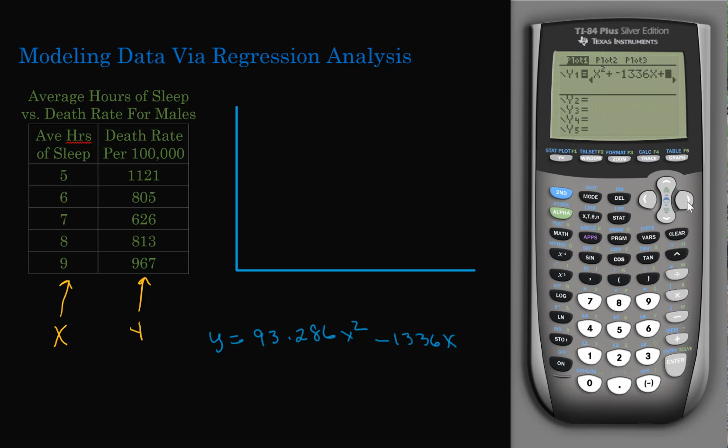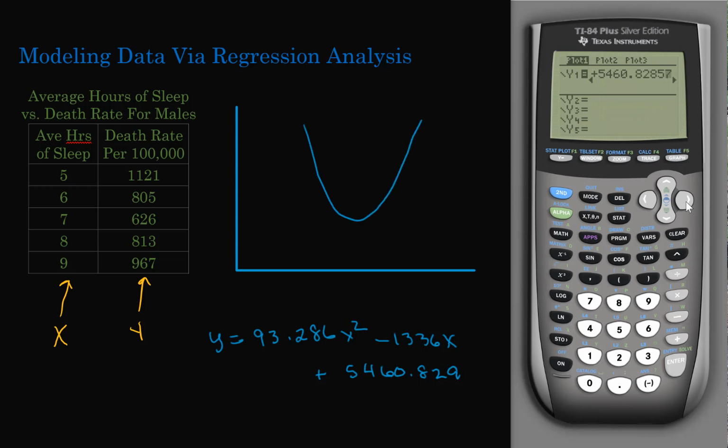Then let's see here. We need to come and pick up the constant. Okay, so I'm going to have plus, I ran out of space on the screen here, 5460.829. Okay, so this is the equation that fits the data.